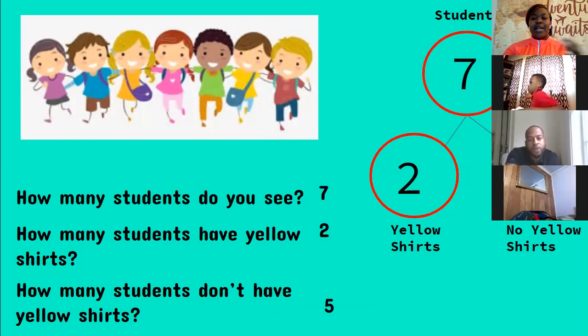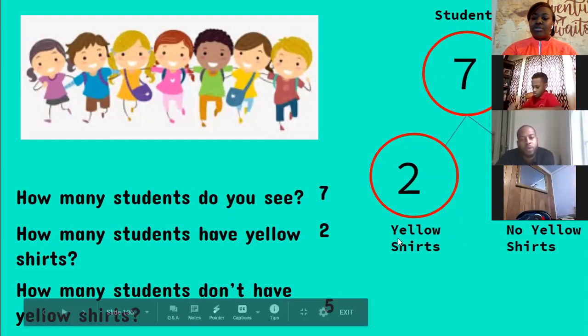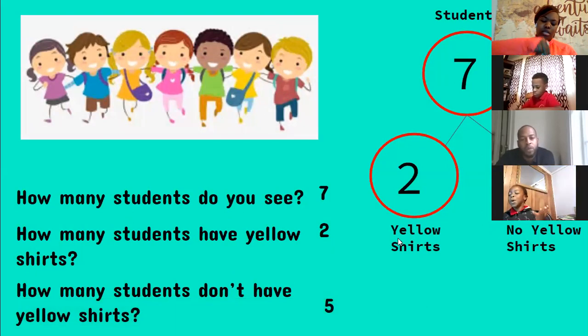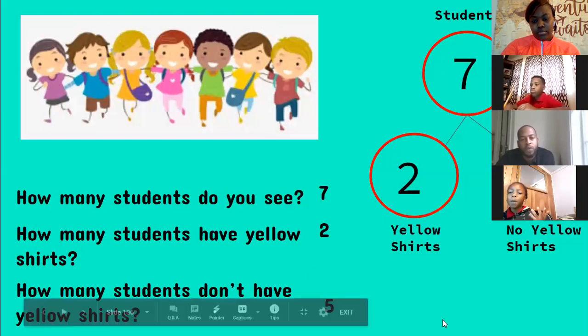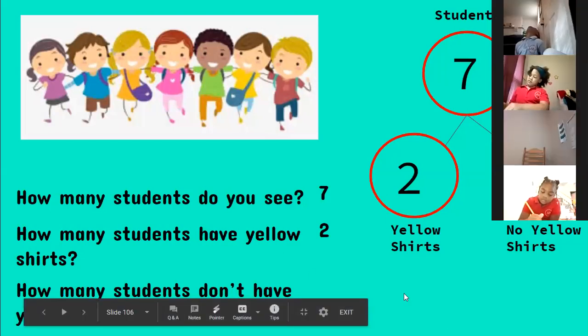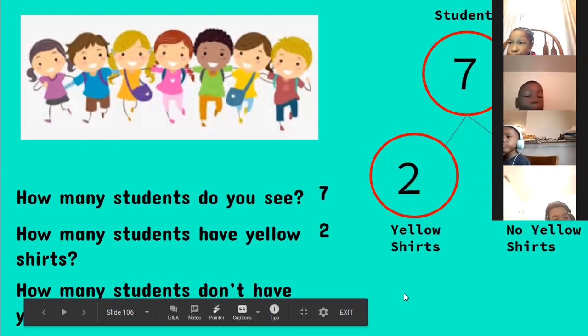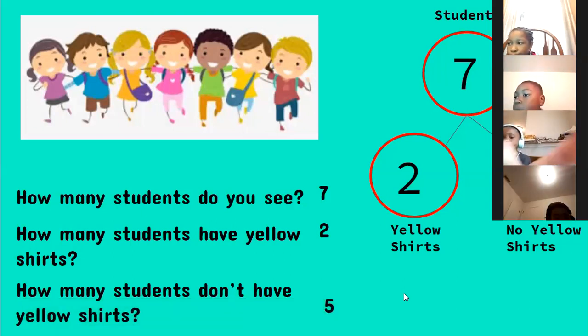So what is my number bond? Can somebody read my number bond for me? Because I don't have labels, so I'm not too sure what that is. Let me see if you can read it. Azar, what does my number bond tell me? Take it off of mute, Azar.